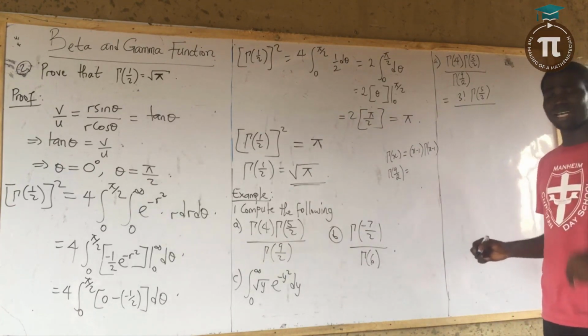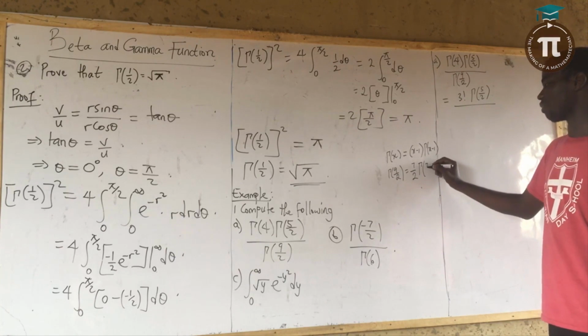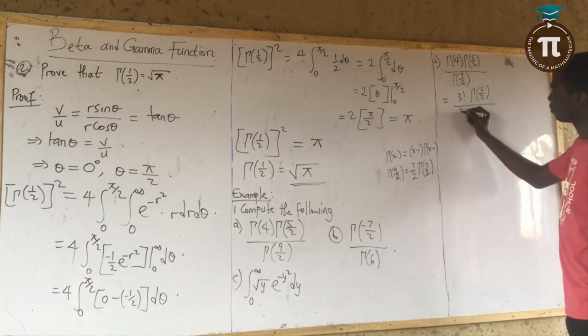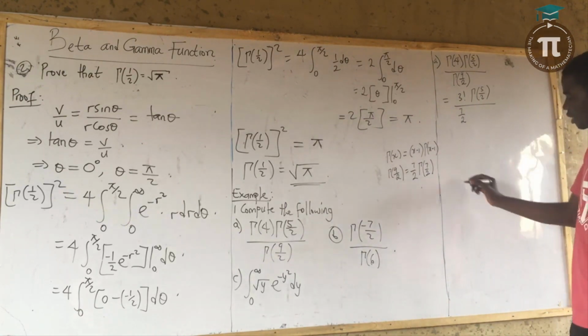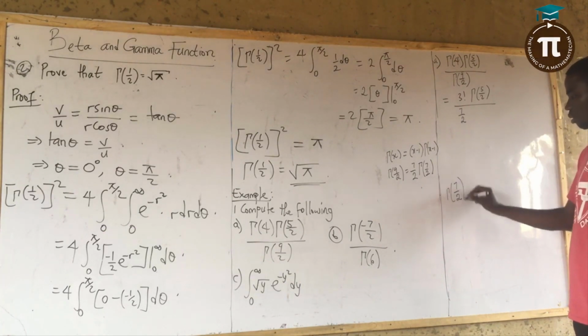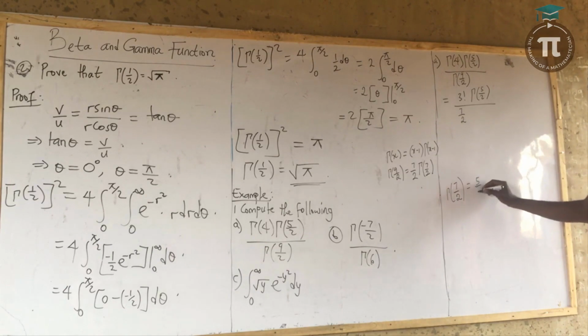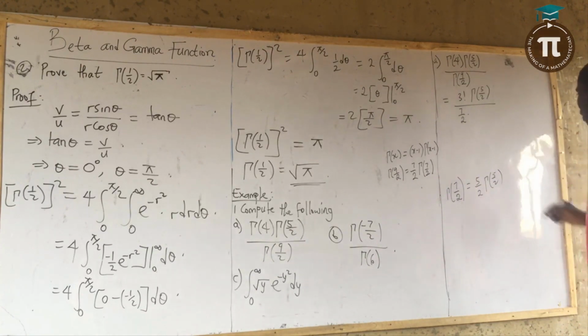So gamma of 9 over 2 will be equal to 9 over 2 minus 1, that is 7 over 2, gamma of 7 over 2. But gamma of 7 over 2 will be 7 over 2 minus 1, that's 5 over 2, gamma of 5 over 2.